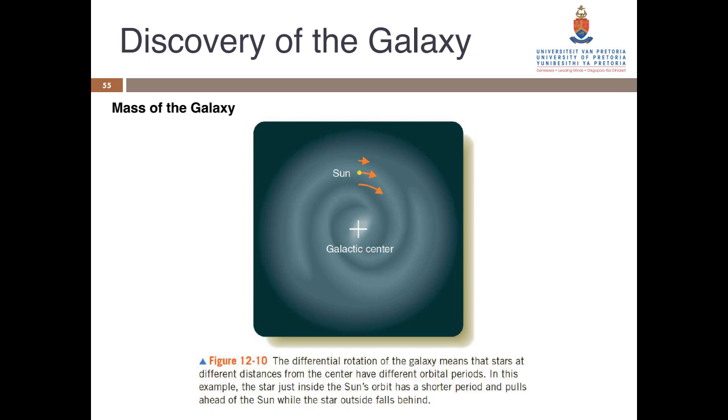So here we can see how differential rotation works. The differential rotation of the galaxy means that stars at different distances from the center have different orbital periods. In this example, the star just inside the Sun's orbit has a shorter period and pulls ahead of the Sun, while the star outside falls behind.